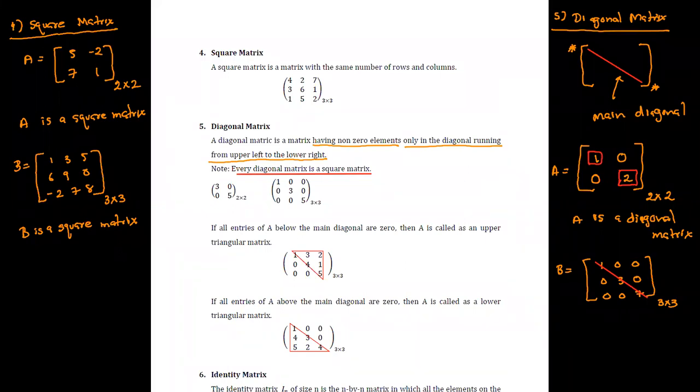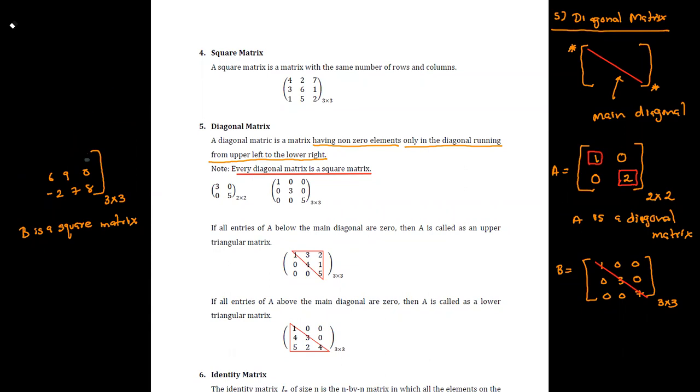And if you discuss the diagonal matrix, based on this concept of the diagonal matrix, we may be able to find the triangular matrices. Therefore, based on the concept of the diagonal matrices, we are defining the upper triangular matrices and the lower triangular matrices.